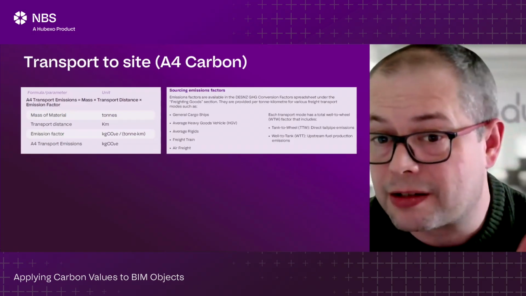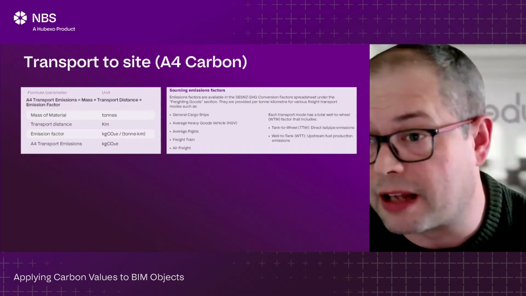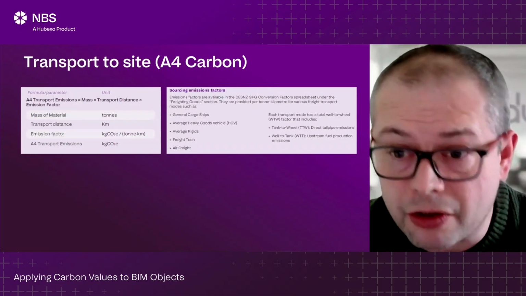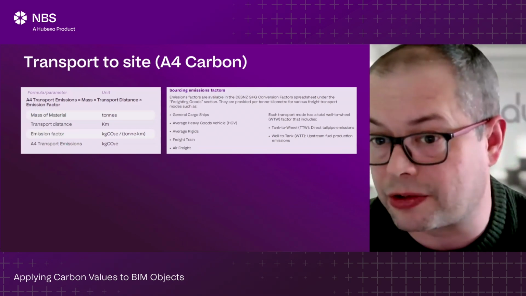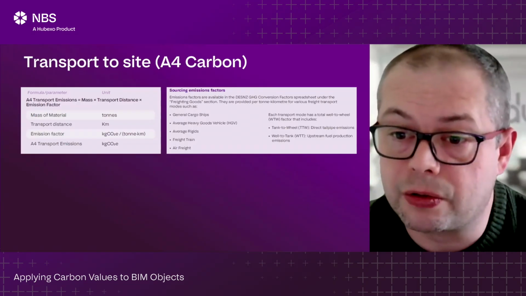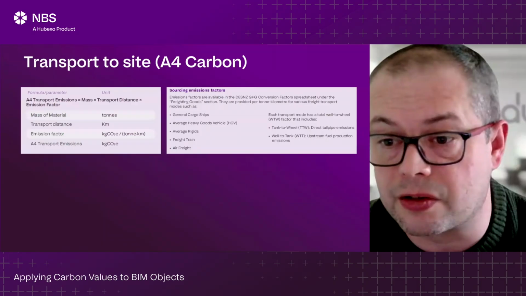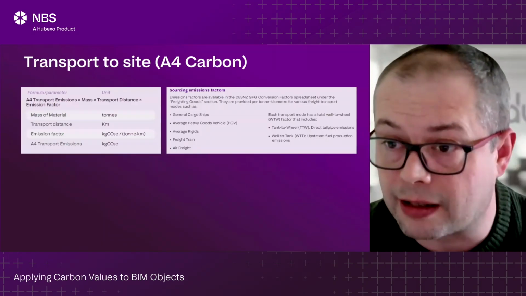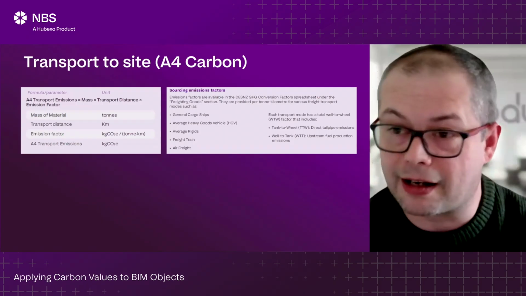Factoring in emission factors from places like the Department for Energy Security and Net Zero, the greenhouse gas conversion factors that give things like cargo ships, heavy goods vehicles, etc., all can be referenced, and then we can actually use that to work out what the well to wheel is. So to calculate that distance, we need to factor in tank to wheel. So that's the fuel being taken from the tank to the wheel.